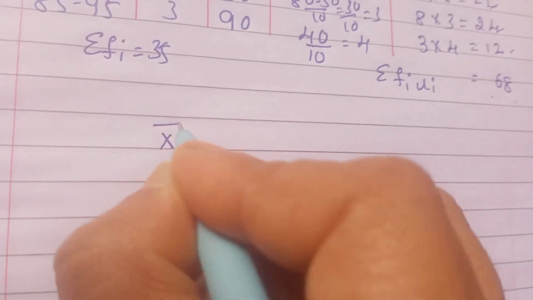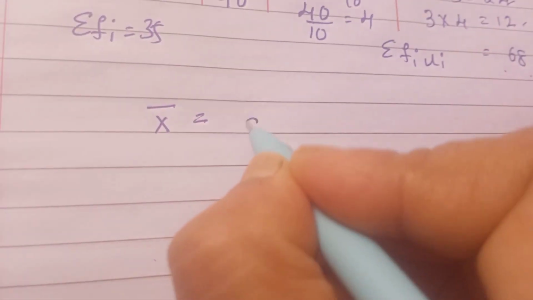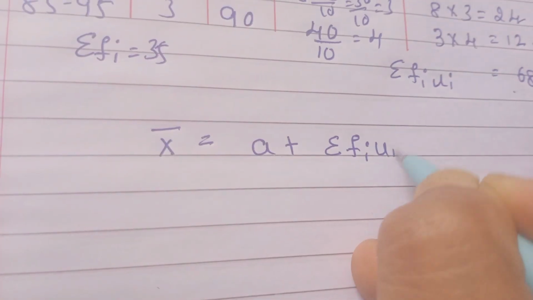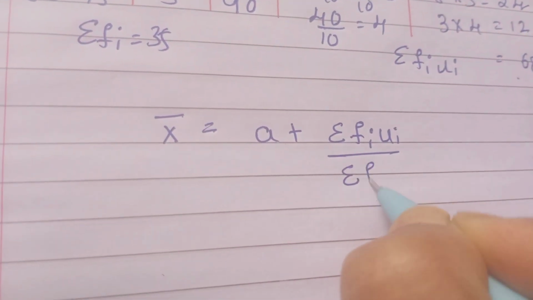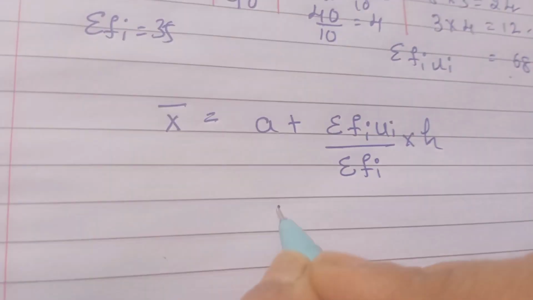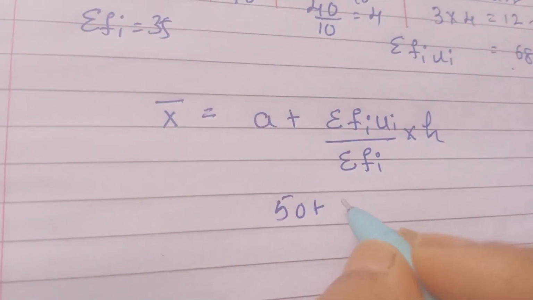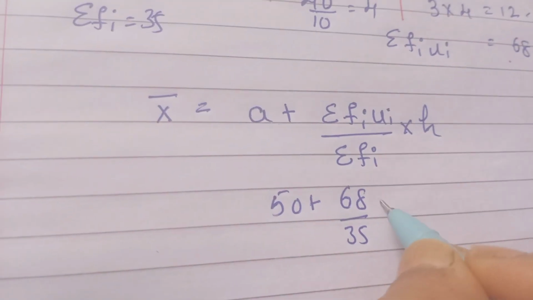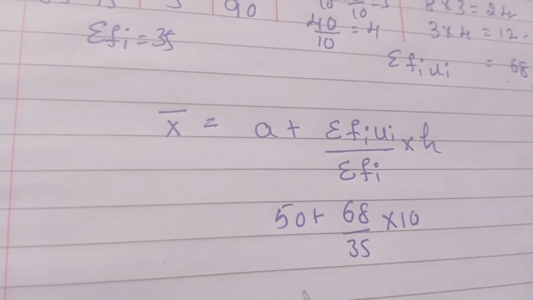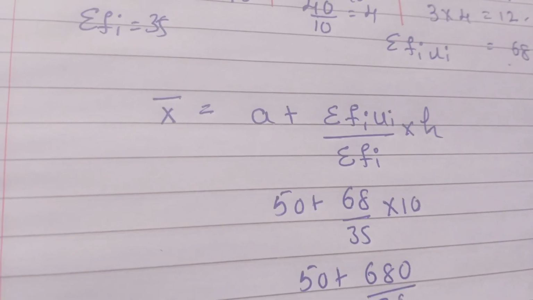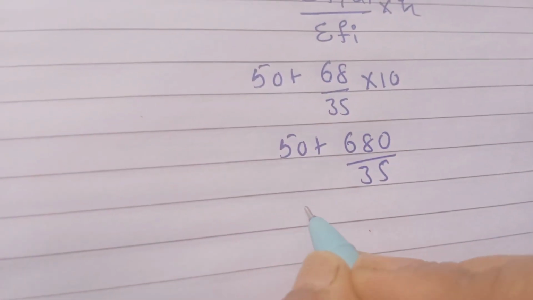To find the mean in step deviation method, formula is A plus sigma Fi Ui divided by sigma Fi, into H. A is 50 plus 68 by 35 into 10. 50 plus 680 by 35.